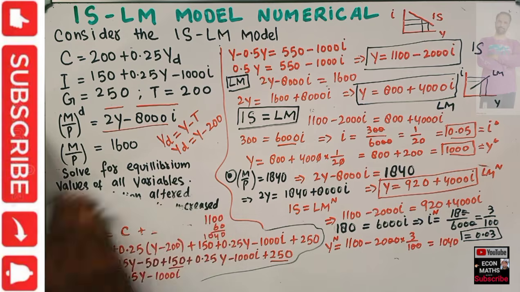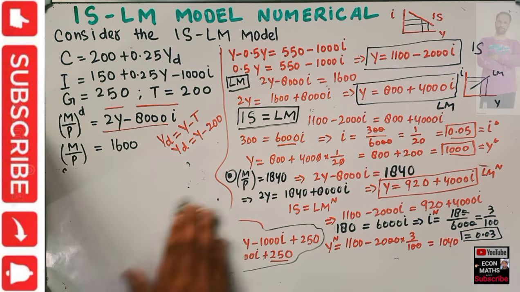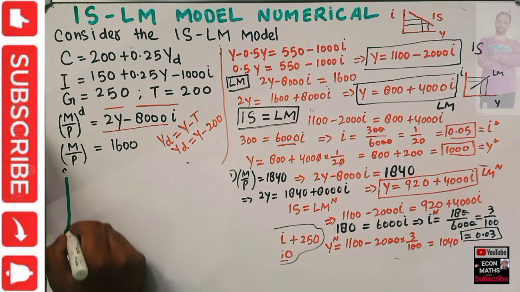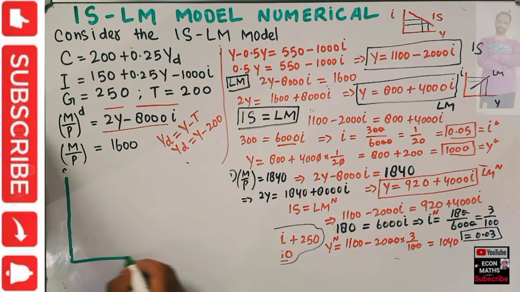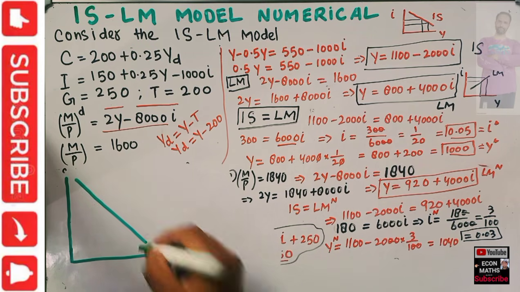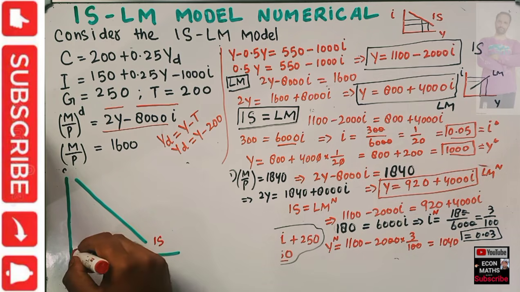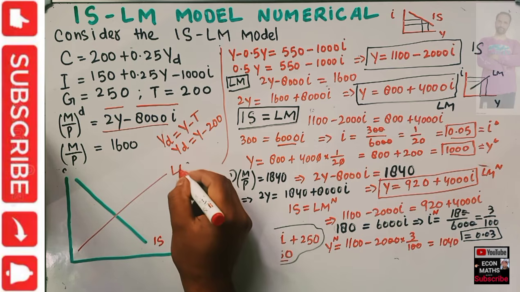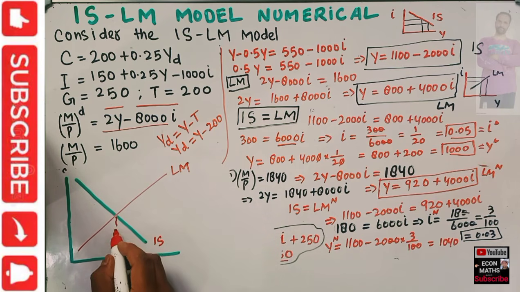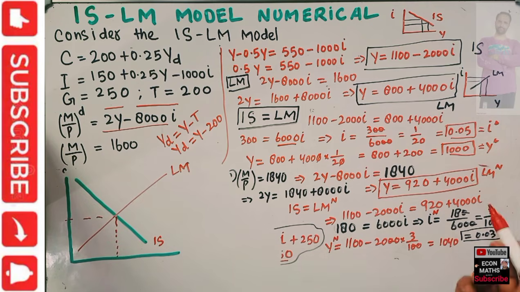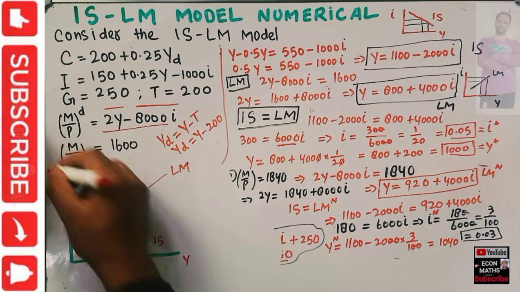So it looks like this. If I can draw it graphically, what we got, let us say this was our IS equation, initially, and this was our LM. Initially the intersection of IS and LM gave us the equilibrium level of interest rate and level of income. We have Y on this axis, interest on this axis.